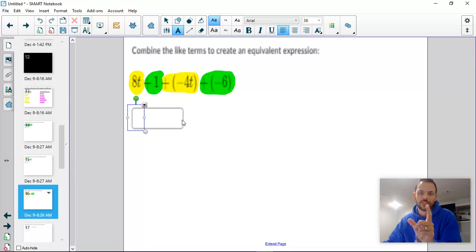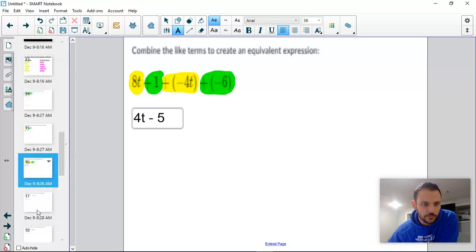So 8t plus negative 4t, that's just like 8t minus 4t. So we have 4 t's left, right? We subtracted 4 from the 8. Now we have 1 plus negative 6. So that's like 1 minus 6. So we had $1, we're taking away 6. We're subtracting 5 now. We have negative $5, same as minus 5.